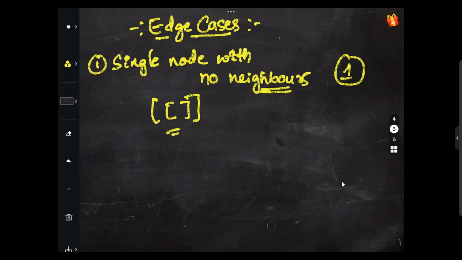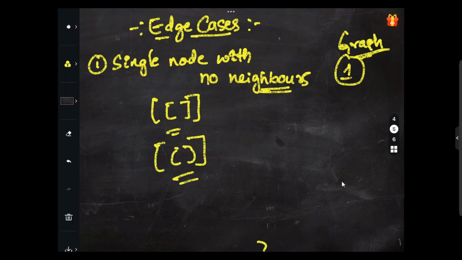So with the value 1, we do not have any neighbors at all. This is the graph basically. So here the input will be this one and the output will be the same, because we don't have edges at all. The graph contains only one node with no edges, so the output will be this one.